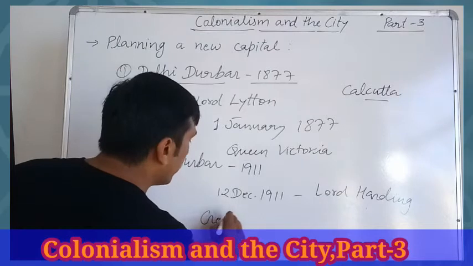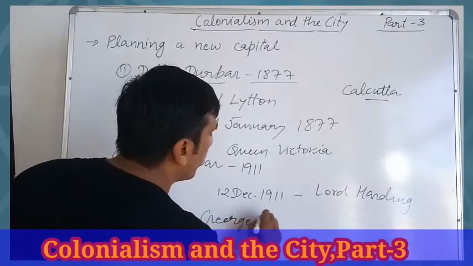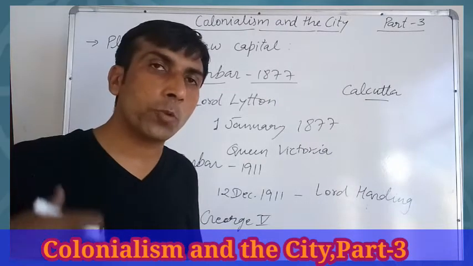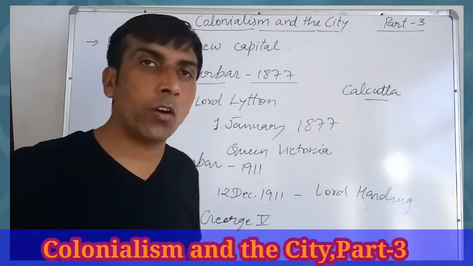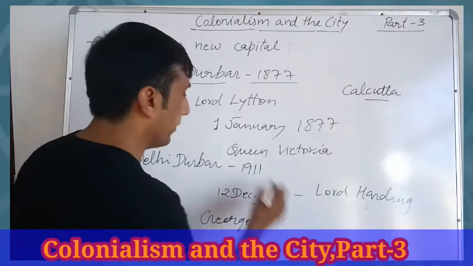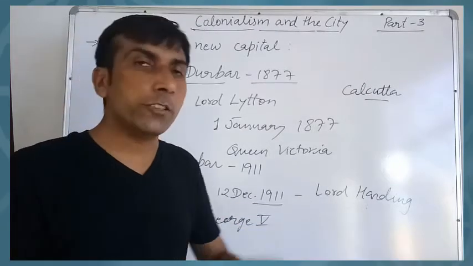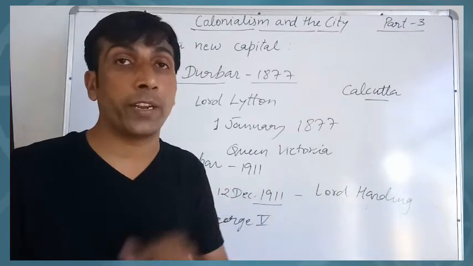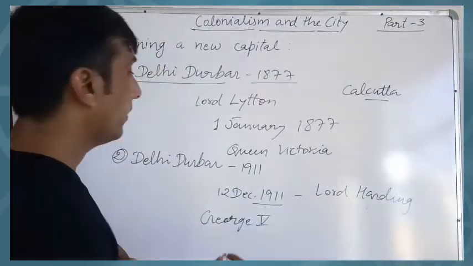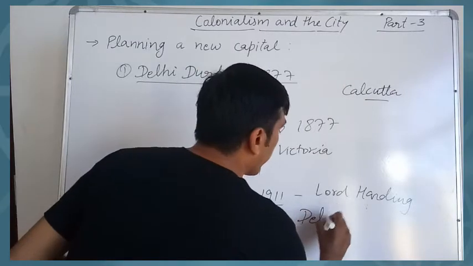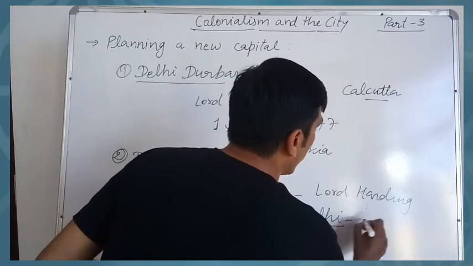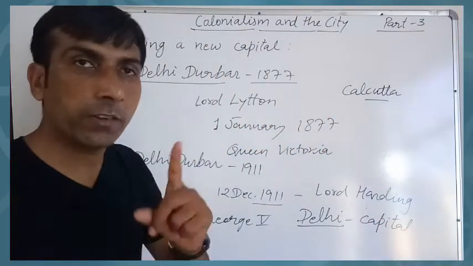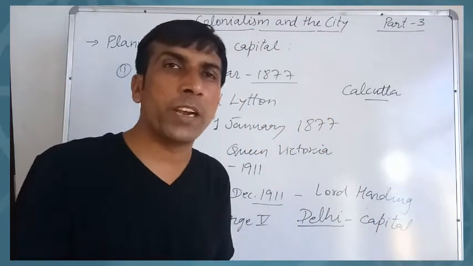When George V became the King of Britain, he was proclaimed Emperor of India in 1911. The Delhi Darbar is very famous for two big decisions. The first decision was that Delhi became the capital. Delhi was announced as the capital of British India. Second was that the Bengal partition was cancelled.